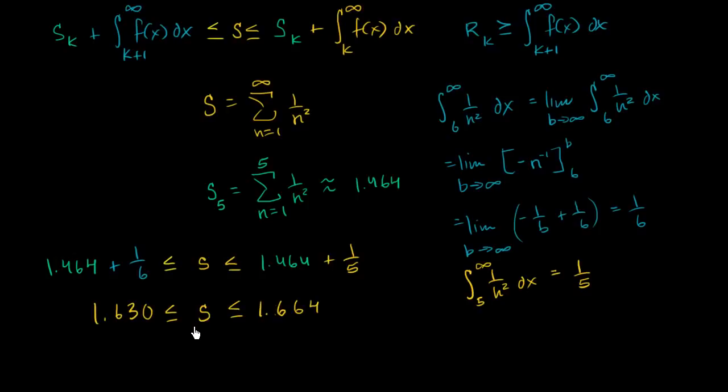And you can imagine, if you added a few more terms in the partial sum, you would get even more precision. So hopefully you found this to be a neat exercise. Not only did we get a good bit of precision with just taking a partial sum and the help of these integrals, but we got a good bound on it. We know that the sum that we're converging to is between these two values.